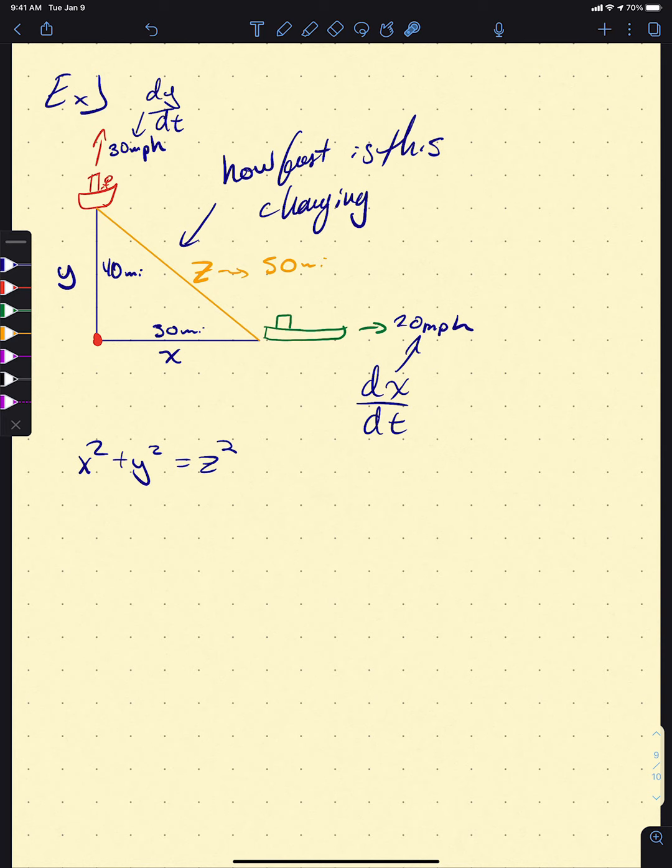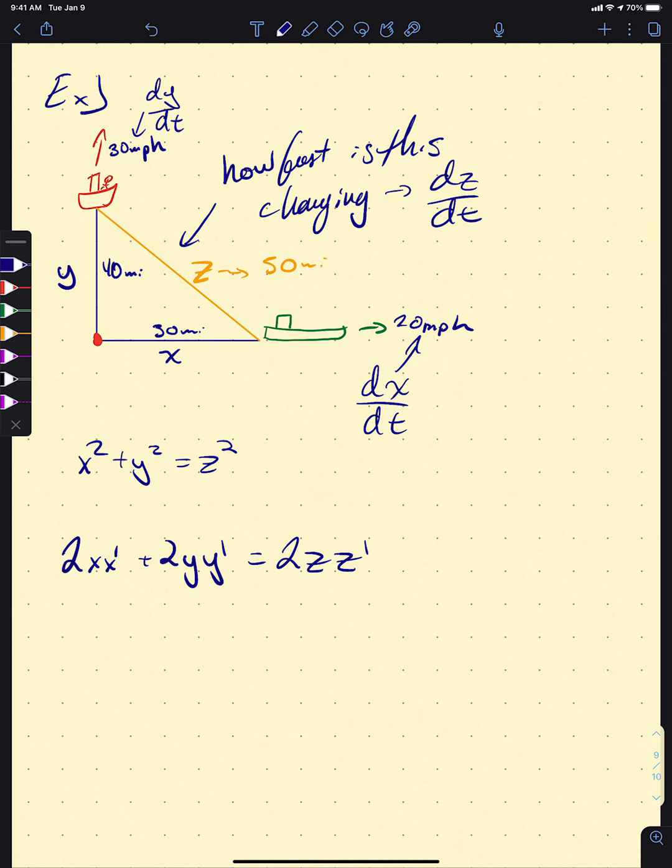But if we want to find dz dt, notice that the speed with which this line is changing, that's dz dt. If we want to find that, well, we can take the derivative of this guy with respect to time. That's going to give us 2x x prime plus 2y y prime equals 2z z prime, where, of course, x prime is dx dt, y prime is dy dt, and so on.